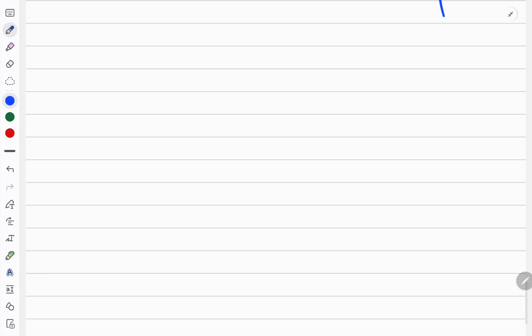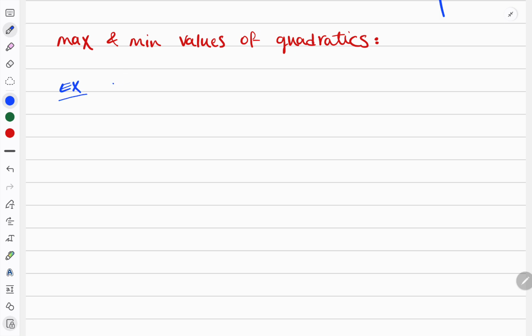So far so good. Now I'm going to talk about maximum and minimum values of quadratics. We have already seen that the graphs of quadratic functions may open upwards or downwards, and it depends on the a, which is the coefficient of x squared. For example, if y is x minus 2 squared plus 3, a is 1 here, the coefficient of x squared.